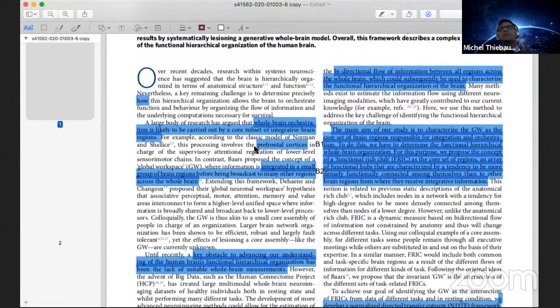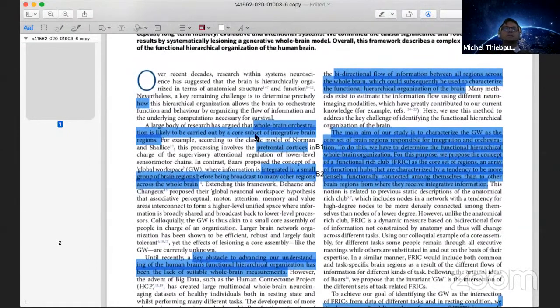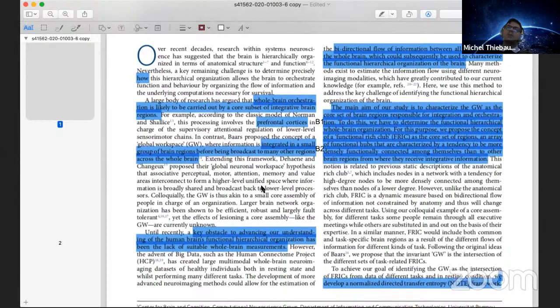Originally, people were thinking that this was happening in the prefrontal cortices, with the prefrontal lobe controlling the rest of the brain hierarchically. But then you had this parallel hypothesis from Baars, who said that somewhere in the brain you have this global workspace, linked to consciousness, where you can stream what's happening around you through a loop that you can manipulate and modify, which is the fundamental requirement for consciousness: maintaining a representation and being able to change it.